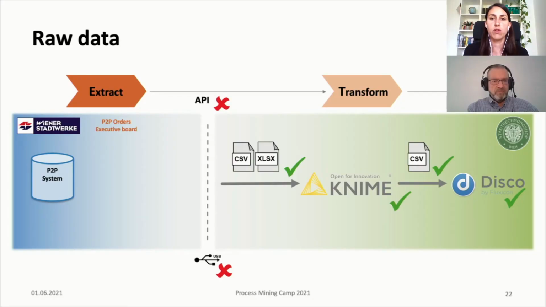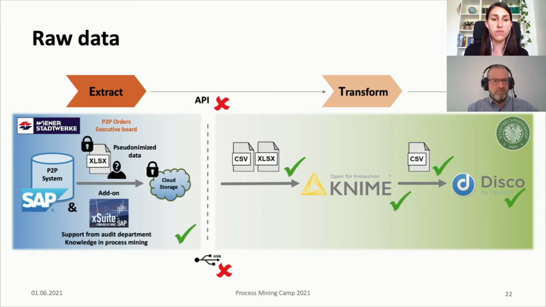When we come back to our IT infrastructure from the beginning, we were now able to fill out the blind spots and really knew at this point that at our audited party, they use SAP, as already mentioned, and they also use the second data source, this XSuite feeder. So those were our basic data sources for our process mining project.